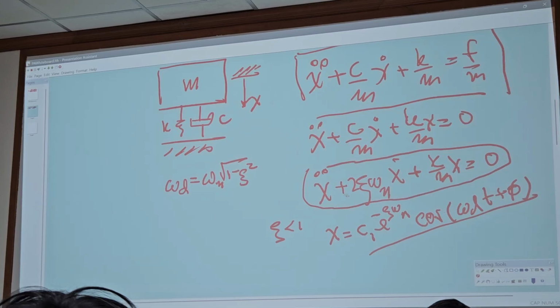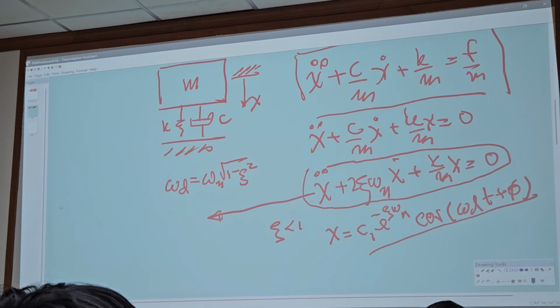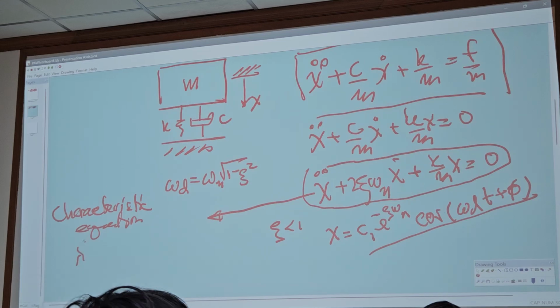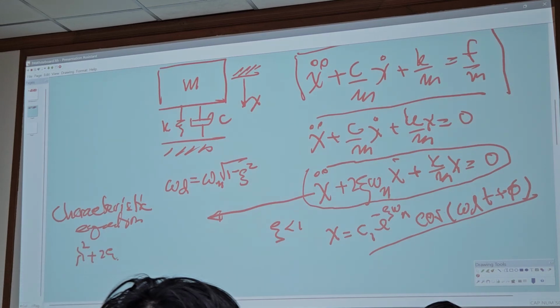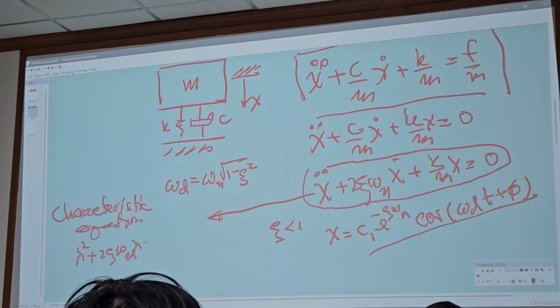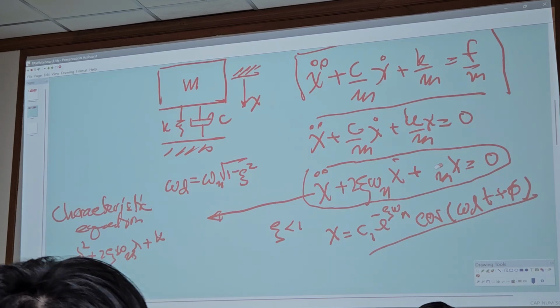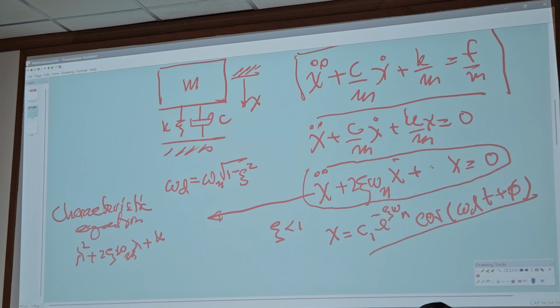You have the characteristic equation, right? What is the characteristic equation for this one? This one is lambda squared plus 2 zeta omega n lambda plus k over m, sorry, omega n squared, right?